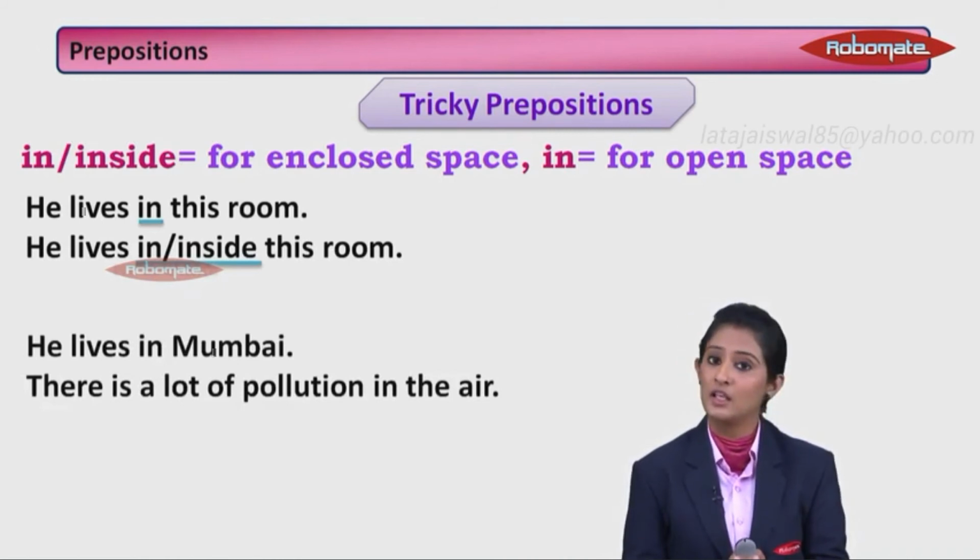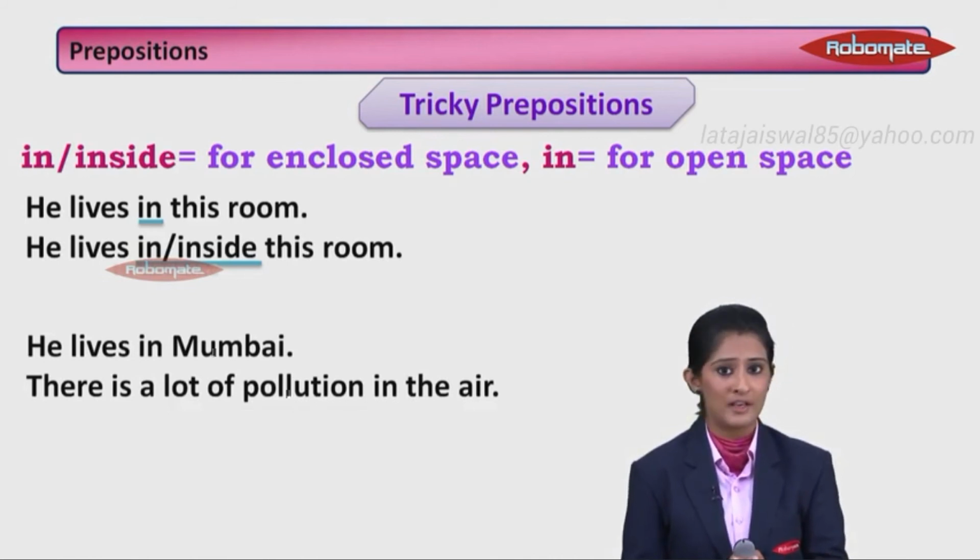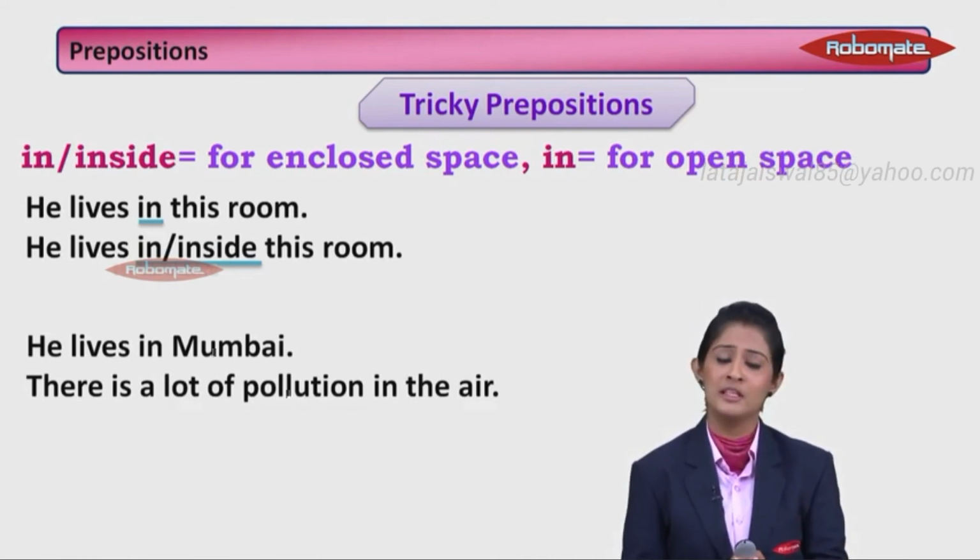He lives in Mumbai. We can't say he lives inside Mumbai because Mumbai is an open space. There is a lot of pollution in the air. We never say there is a lot of pollution inside the air. So here we understand in or inside can be used for enclosed space. The word in only for open space.